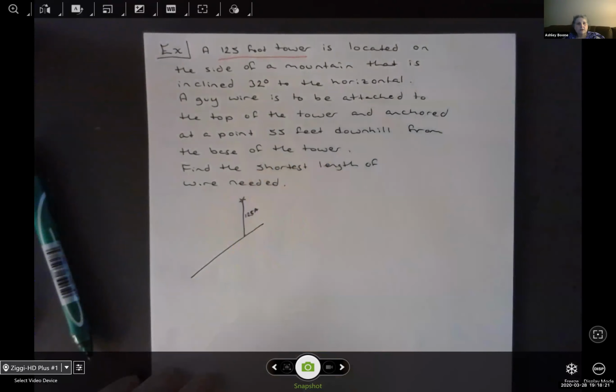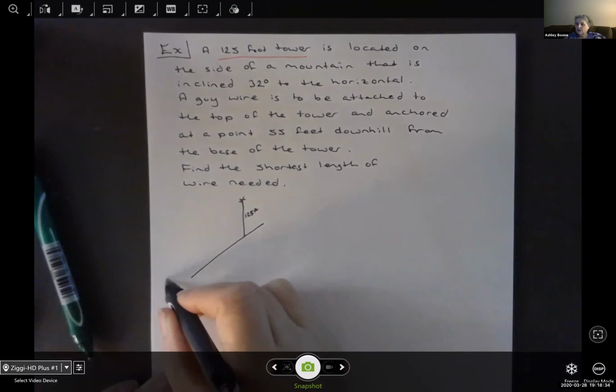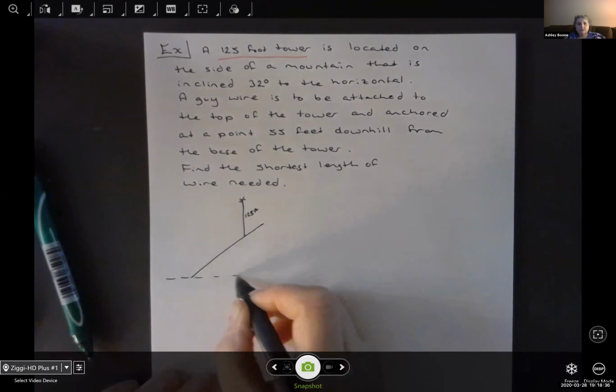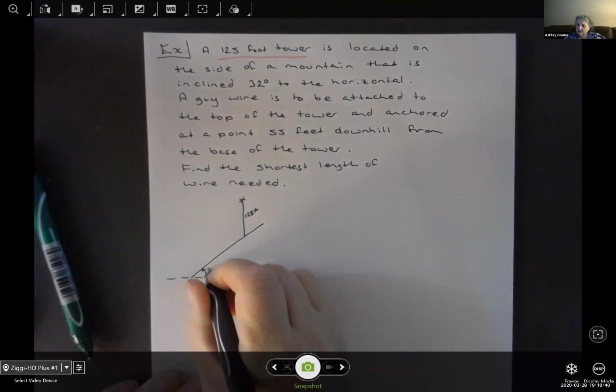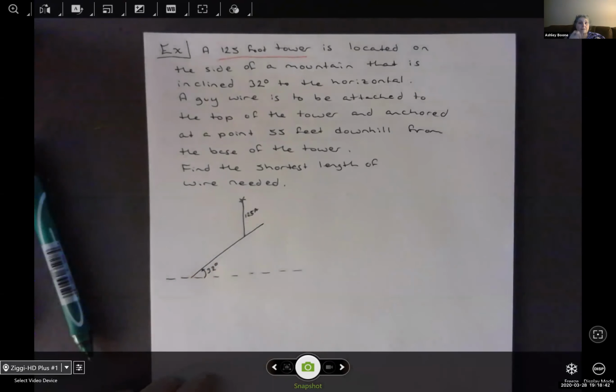The mountain is inclined 32 degrees to the horizontal. So if you imagine flat ground, the mountain is inclined 32 degrees with the horizontal. Now, what else do we know?